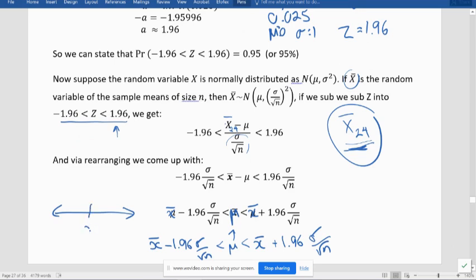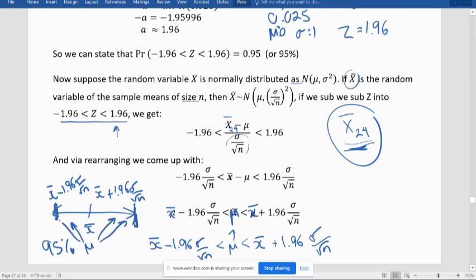What also is important is the sample mean is in the middle. From that sample mean we're adding 1.96 lots of the standard deviation, and you'll get to this point here. If you subtract from the sample mean 1.96 standard deviations over n, you'll get to this point here. Like I said, we'll be 95% confident the true mean is somewhere in there. We're not exactly sure where it is, but we can say with 95% confidence it's in there.